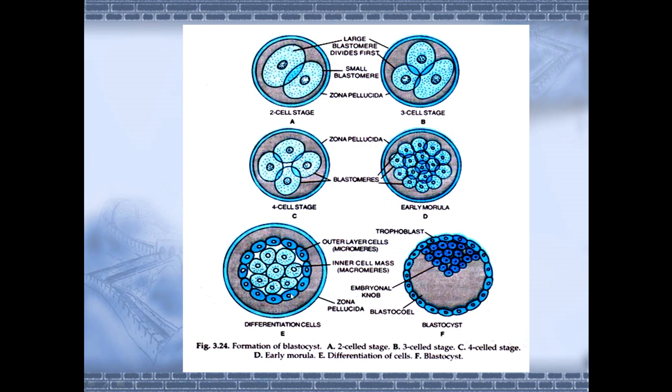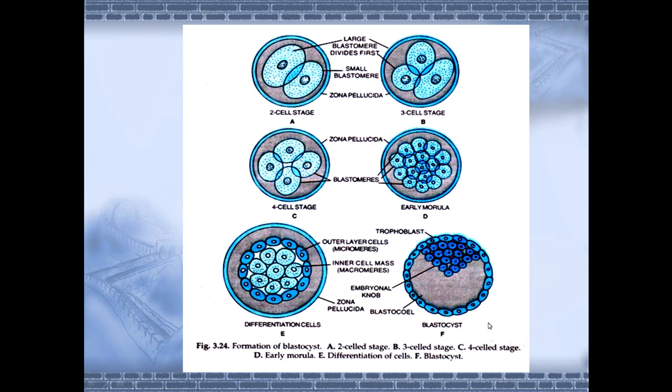The micromere layer, the outer cell layer, forms the trophoblast. The inner cell mass, of the macromeres, attached to one end, is known as the embryoblast. So trophoblast, embryoblast, and the cavity is known as the blastocoele, and this stage is known as the blastocyst.